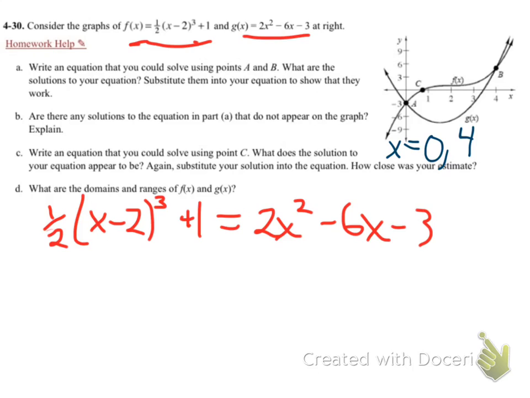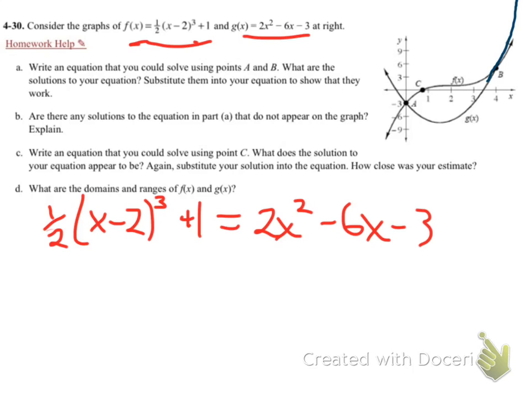Now we're looking at problem B. Are there any solutions that don't appear on the graph? Well, I have g of x as a quadratic and f of x as a cubic. So if I continue g of x this way, it's going to continue rising up like that.